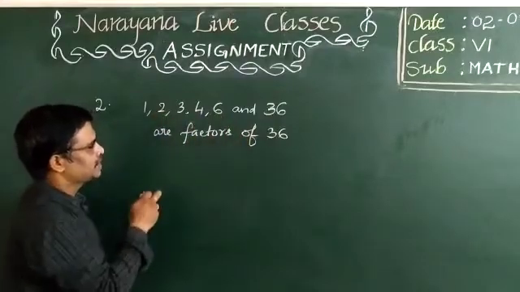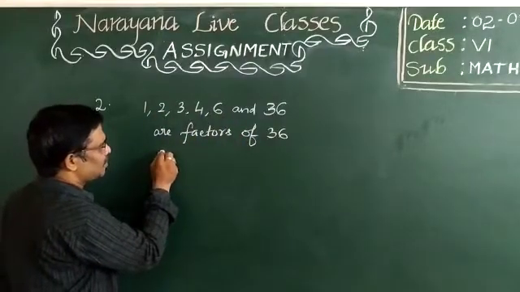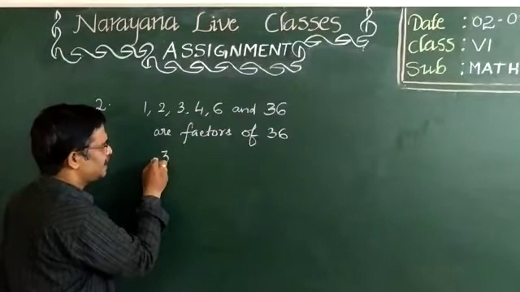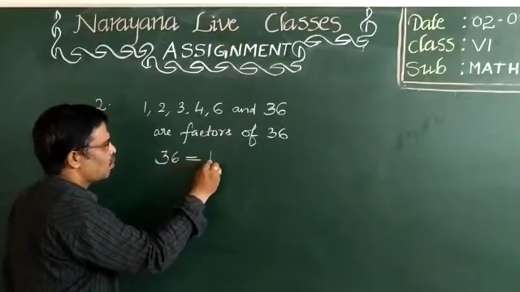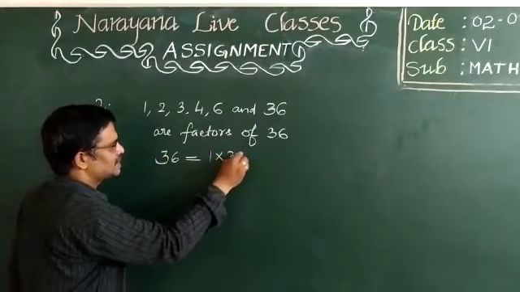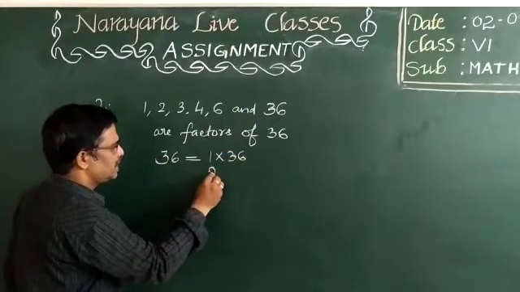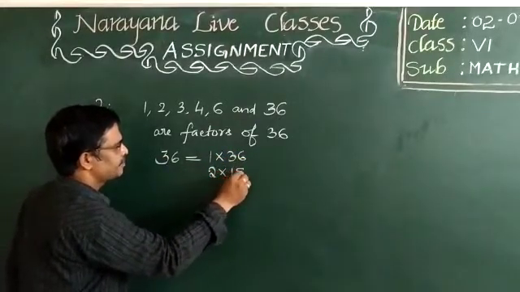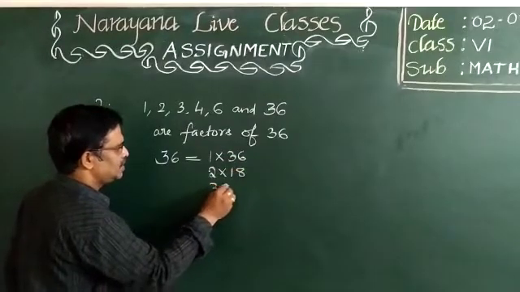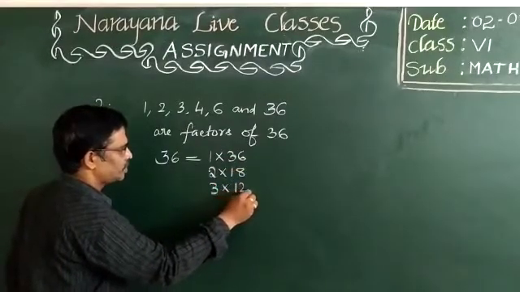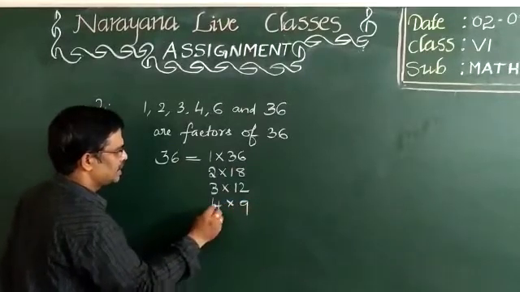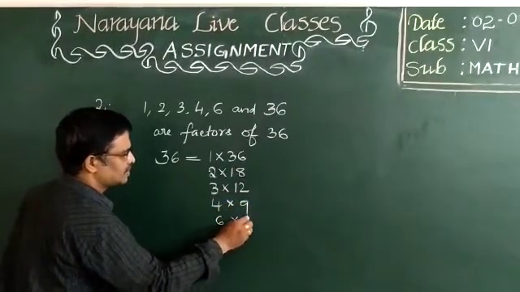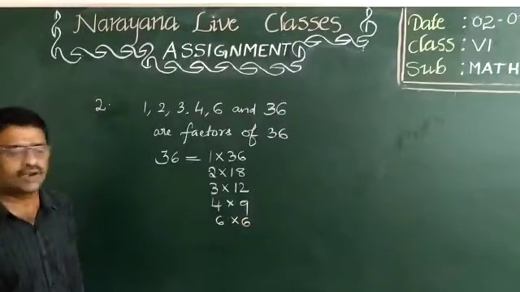The process of finding factors: 36 can be written as 1 into 36, 2 into 18, 3 into 12, 4 into 9, 6 into 6. This is the way we find the factors.